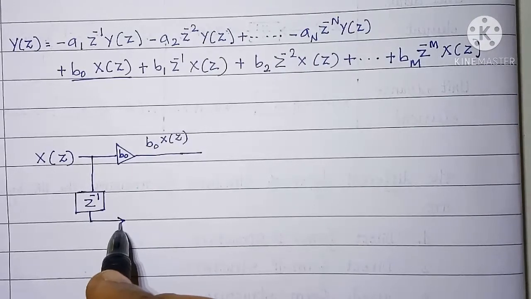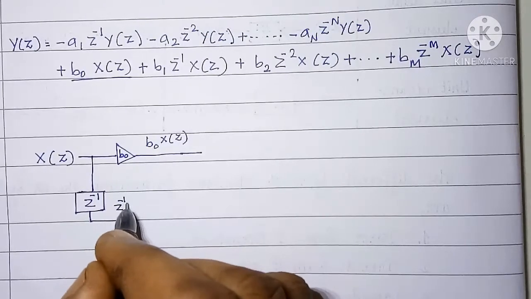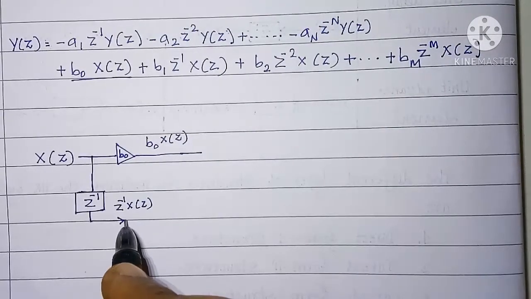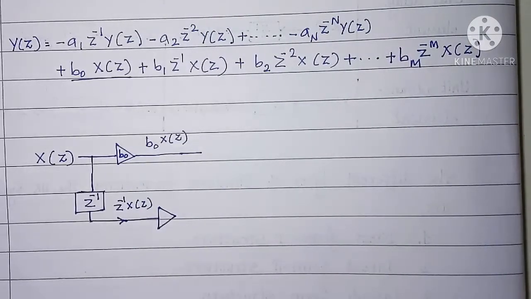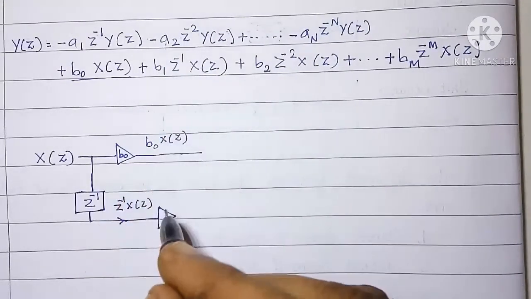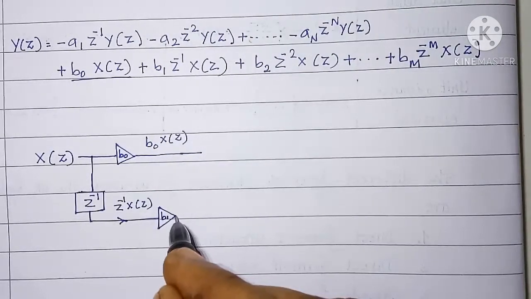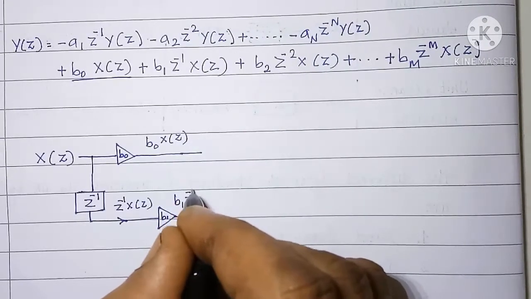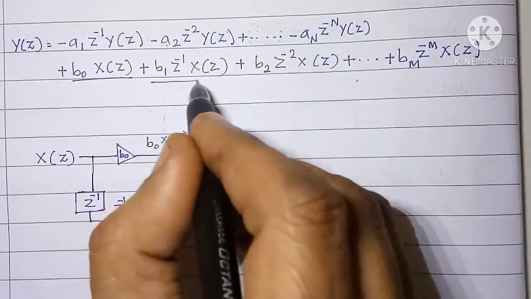That means at this point I am having now z raised to minus 1 into X of z. This we will give as input to the multiplier box, and in that box we'll write b1. So here we are now having b1 z raised to minus 1 X of z. So this term we obtained.